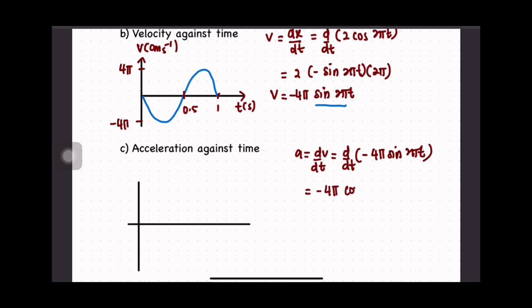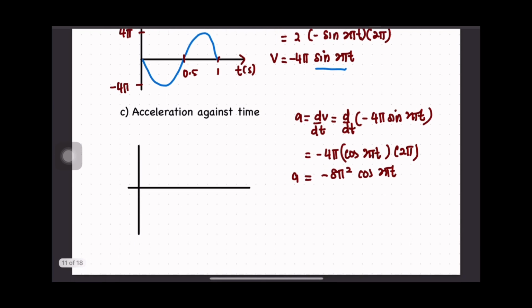Differentiate sine will get cos 2 pi t, and differentiate again inside the cos is 2 pi. Okay, so 4 times 2 is 8. So negative 8 pi power of 2 cos 2 pi t. So this is the equation for acceleration. So the acceleration graph is the function of negative cos.